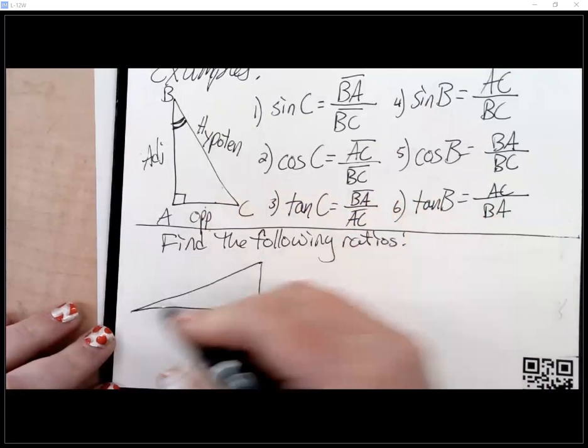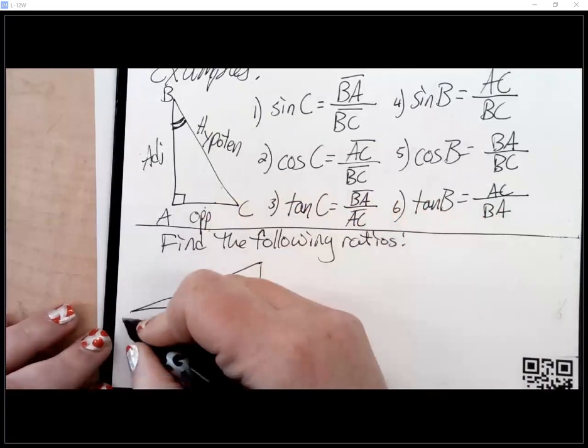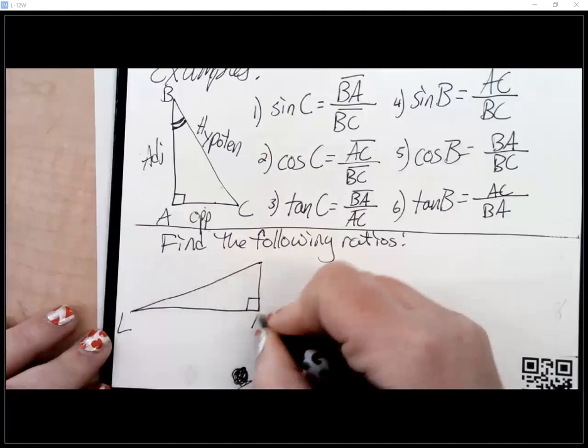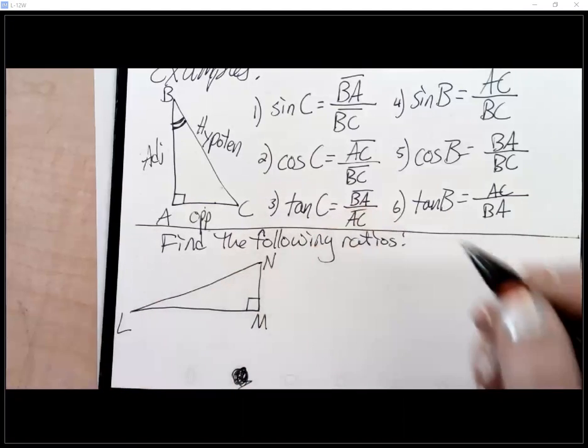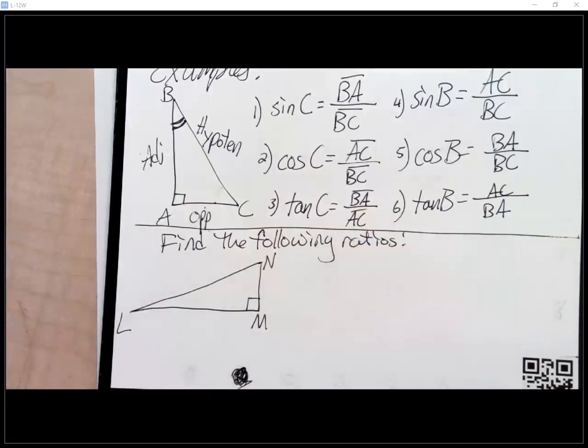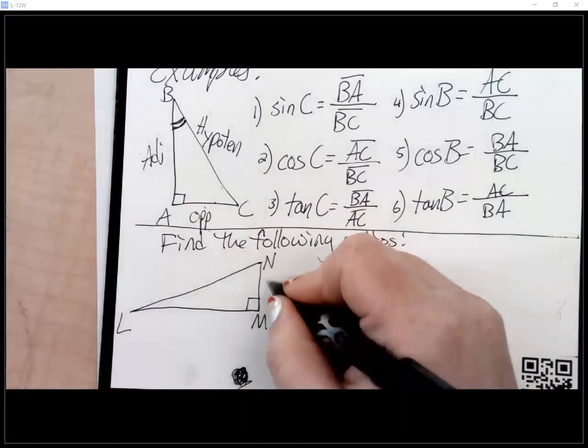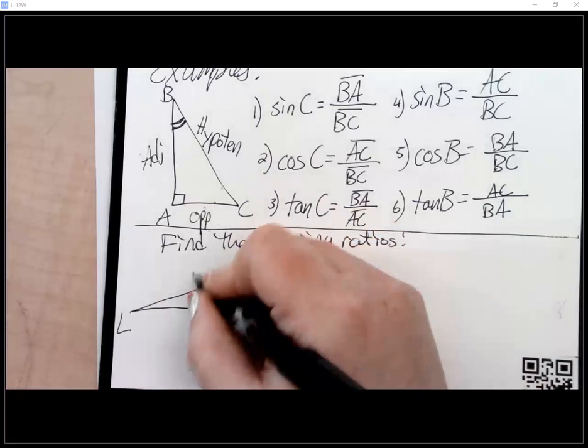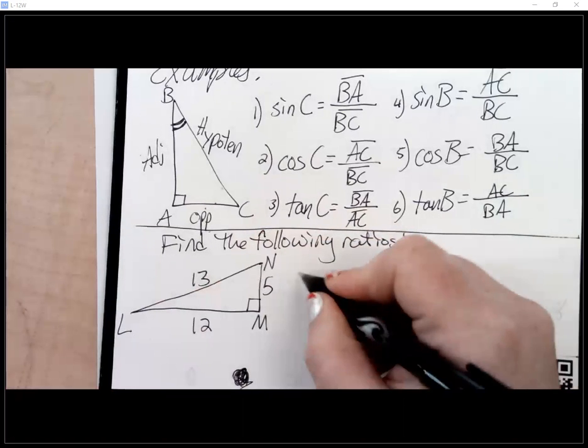I'm going to give new letters now. How about L, M, N? And let's say, let's do a 5, 12, 13 triangle. Okay, and I'm just going to give you some random things.